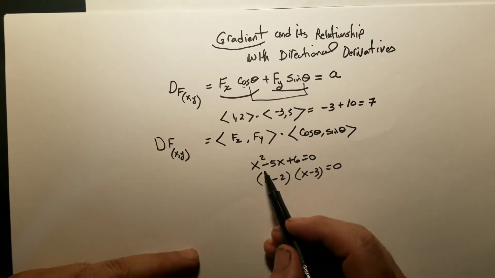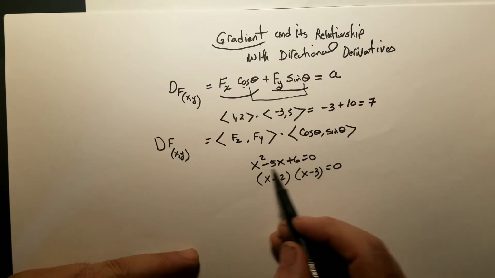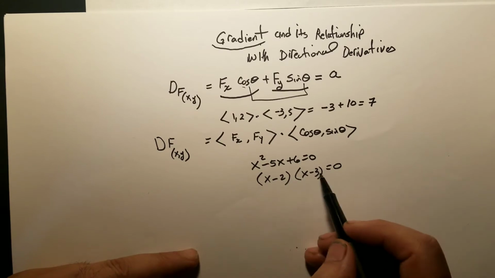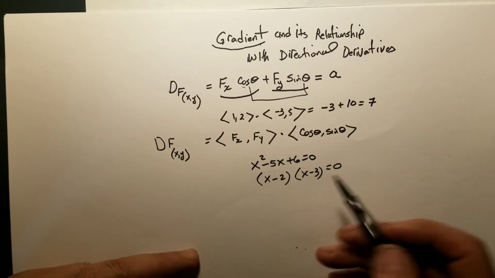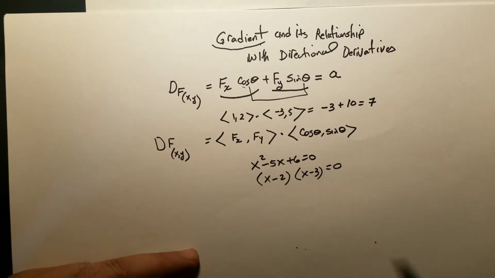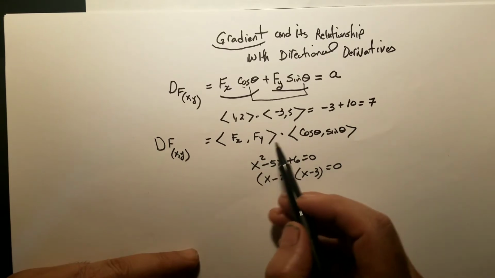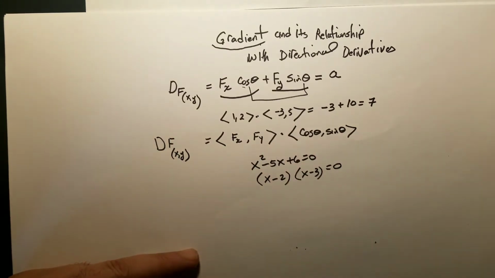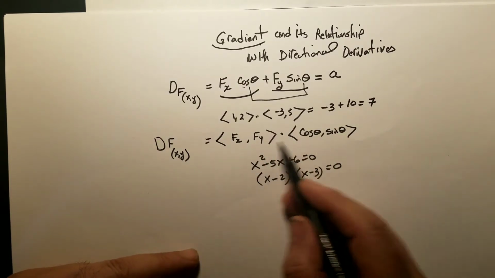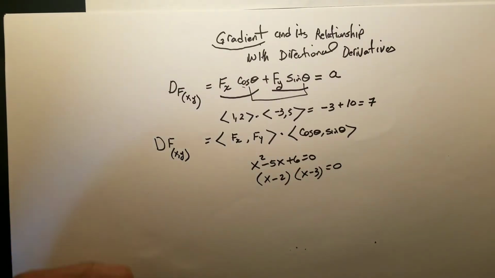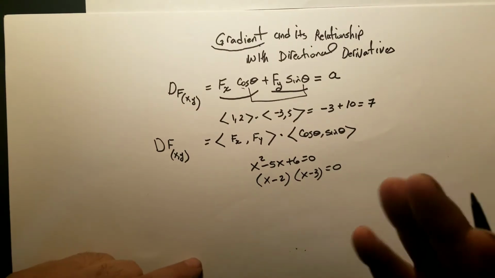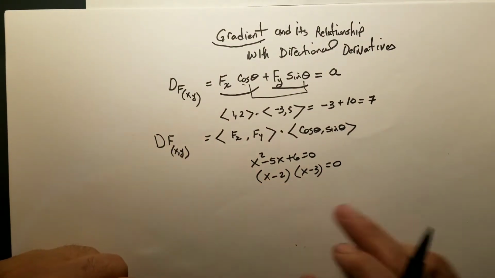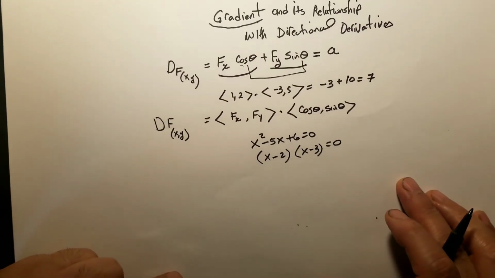If it was a function, we call them the zeros of the function. Maybe here I'm going to break down the directional derivative into a dot product of two vectors. Maybe I can get something that helps me comprehend the directional derivative more.